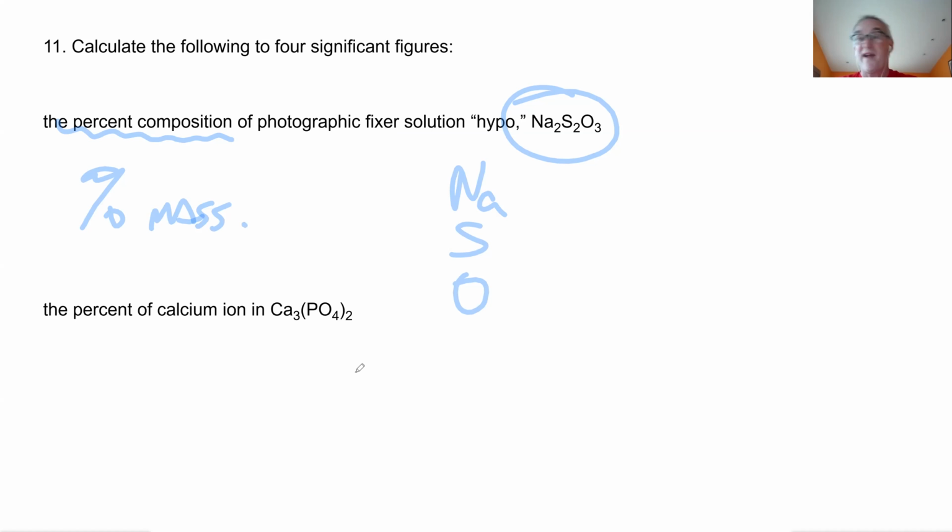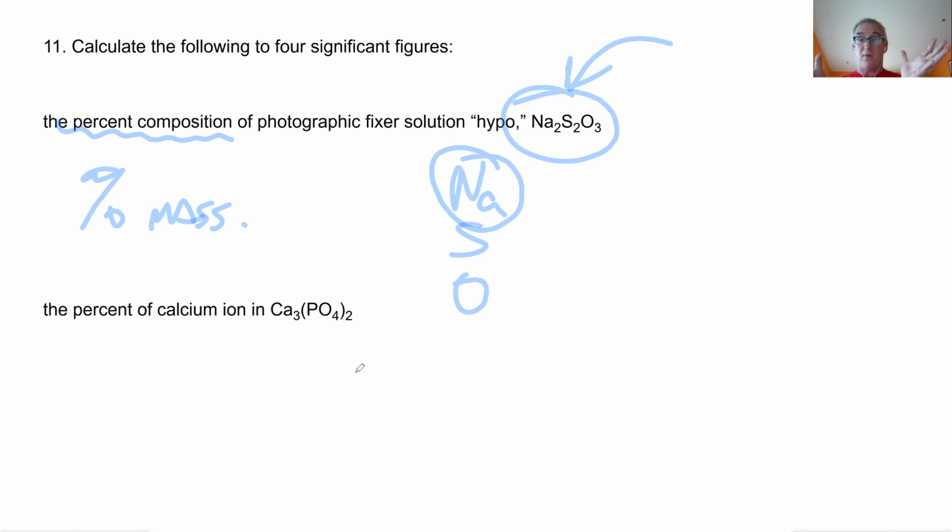So what would be the very first thing to do? Do we find the molar mass of this compound? Yeah. So basically we're asking ourselves, if I had a mole of this stuff, how much would it weigh? What would be the mass of it? And then from there, you're right in one sense that we're going to have to deal with moles.